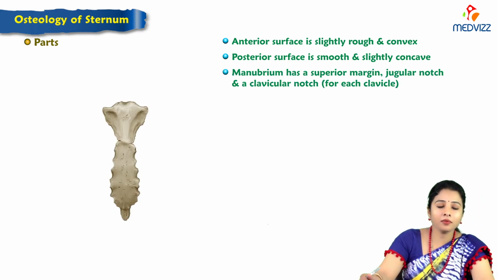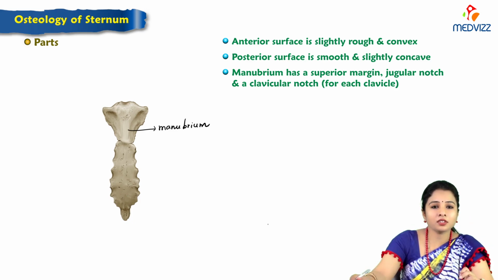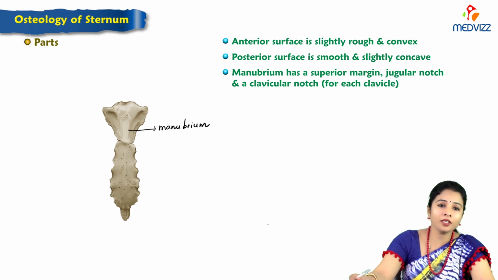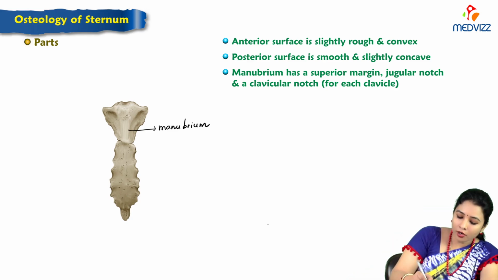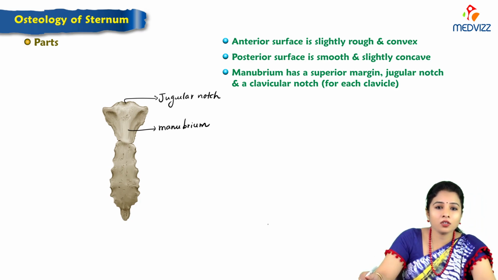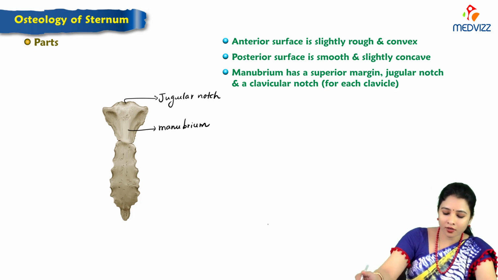So here is the manubrium. The upper part of the sternum, we know, is called the manubrium, and it has the superior margin made of the jugular notch and the clavicular notch for each clavicle, present on either side of the jugular notch.